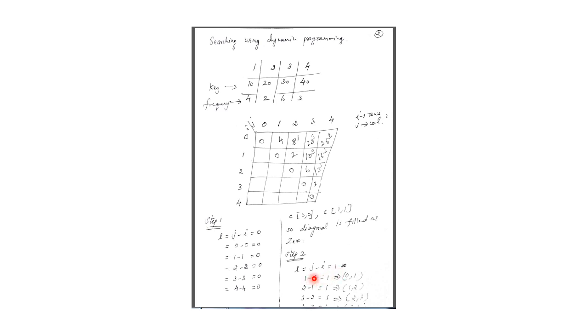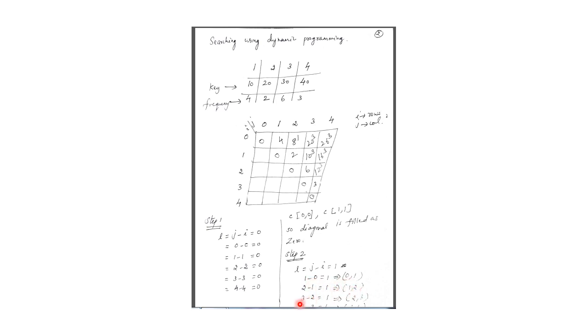In step 2, L is equal to j minus i is equal to 1. That means if we subtract two numbers, you should get the resultant as 1. So 1 minus 0 is equal to 1. 2 minus 1 is equal to 1. 3 minus 2 is equal to 1. 4 minus 3 is equal to 1.